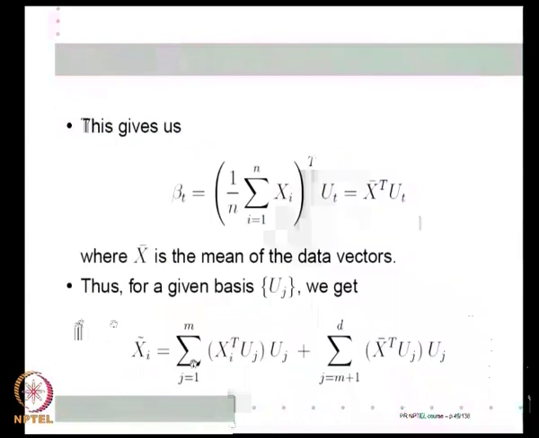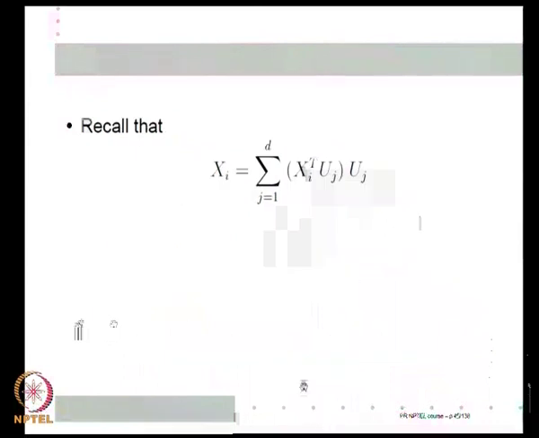So, for j is equal to 1 to m, the uj's coefficient, if I take xi minus xi tilde, will be 0, only this will survive, right. So, I can now write xi minus xi tilde as sum over j is equal to m plus 1 to d, where xi's coefficient for uj is xi transpose uj, whereas xi tilde's coefficient is x bar transpose uj, only from j is equal to m plus 1 to d. So, this is my error.